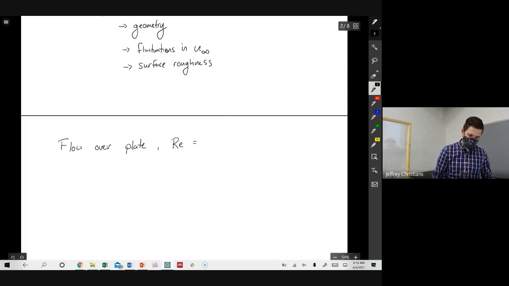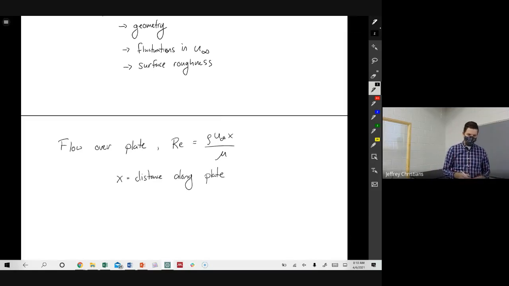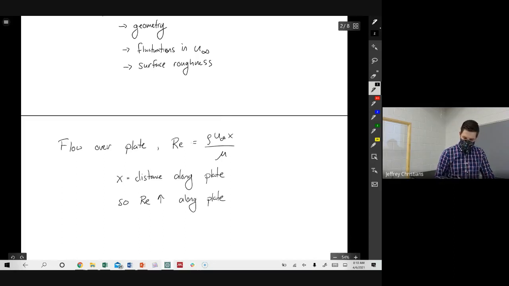For flow over a flat plate, it would be density times U infinity times X, divided by mu, where X is the distance along the plate. So the Reynolds number is going to be going up as we go along the plate.